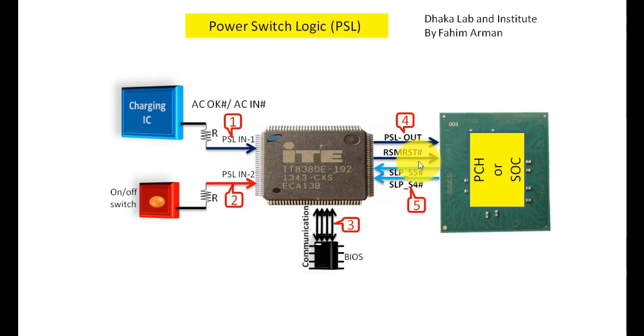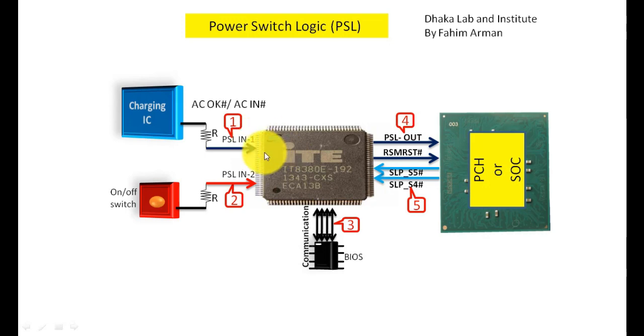Both of these signals will come from PCH or SOC, and then enter into the IO chip. So these signals are very important. After these signals come, you can say everything is okay now. This power switch logic will be accurate and will work okay, and I will help you understand how this logic will work.